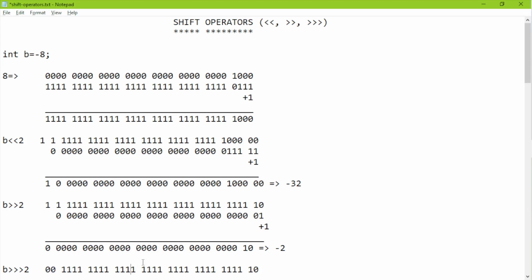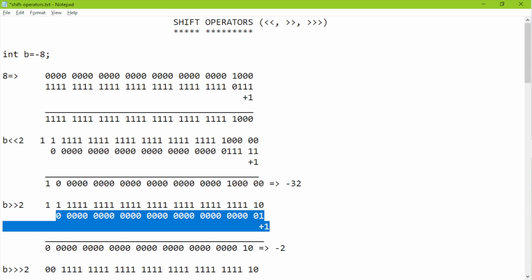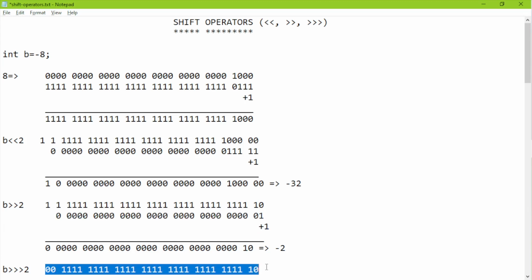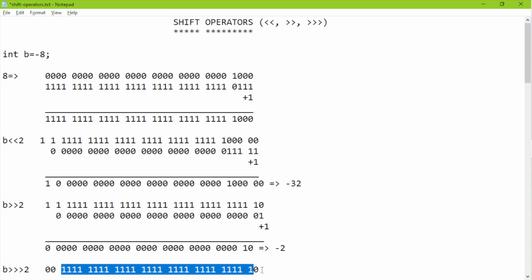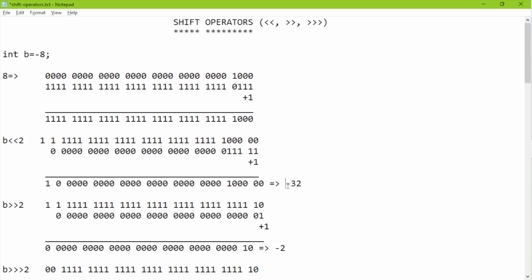Now we can check the left side is the 0 value, so this is a positive number. So we don't want to do these two steps, we can directly convert this number into a decimal value. As we have many 1s, definitely this would be a bigger number. We can check by programming.